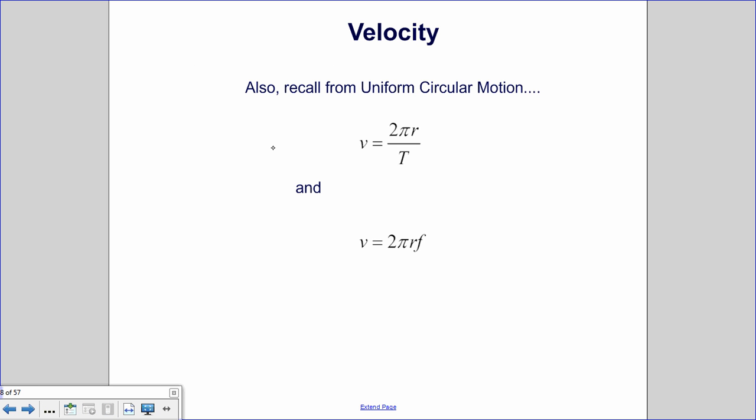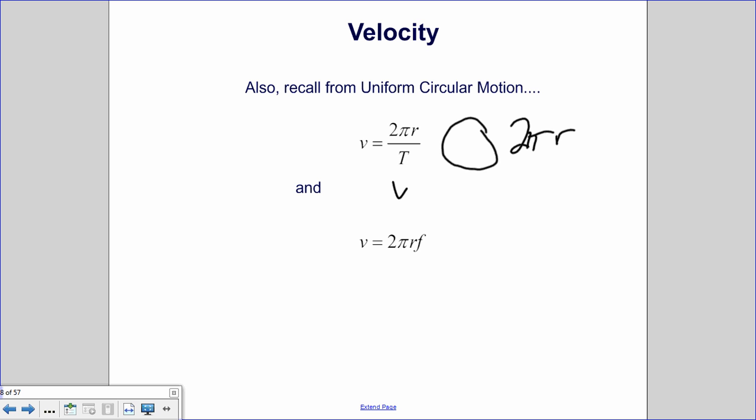All right, another thing we're going to talk about from uniform circular motion is velocity. And velocity is just 2 pi r over T. That's for anything moving in a circle. And where does that actually come from? I don't like just always giving you formulas and saying, hey, know it. This is a circle. It doesn't look like one, but it is. So hopefully you remember the circumference of a circle is 2 pi r, that's the worst pi ever.